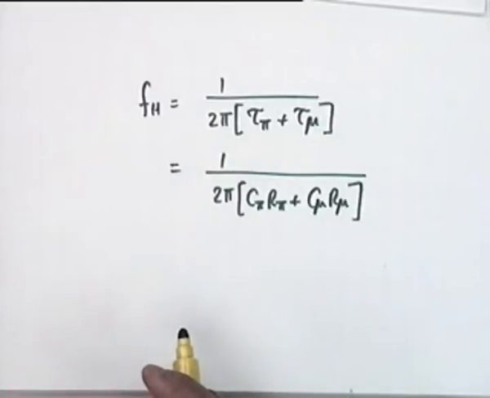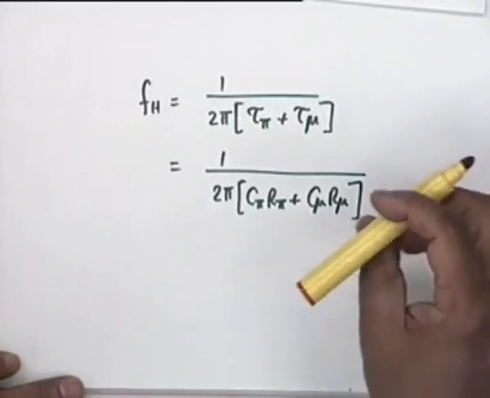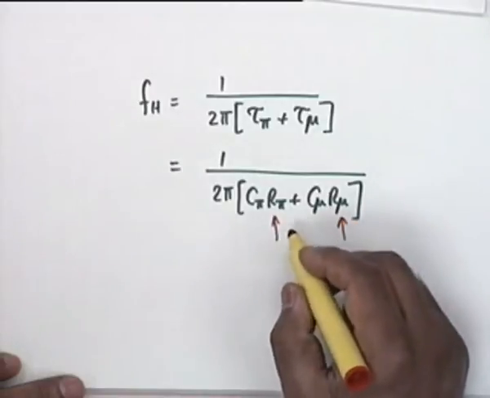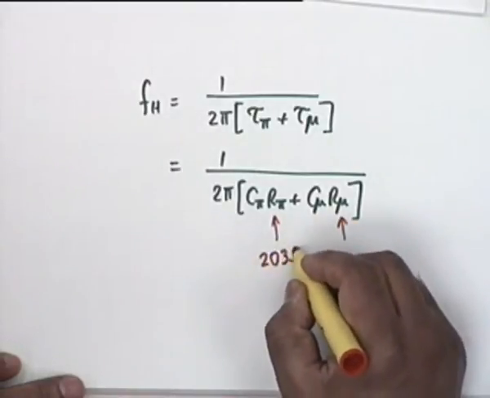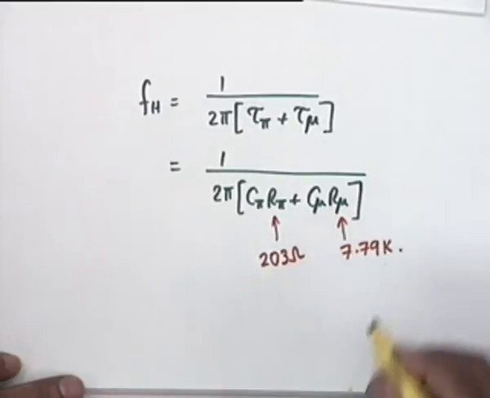And if you insert the values that we had already assumed for the transistor, please do check. My calculations say that R pi is 203 ohms and R mu is 7.79 K.